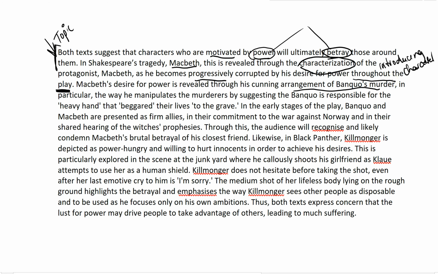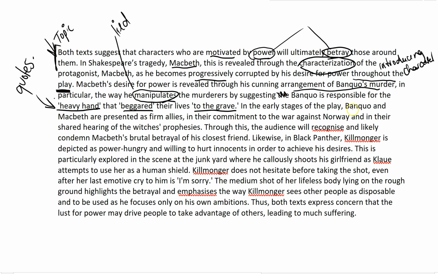In particular, the way he manipulates the murderers by suggesting that Banquo is responsible for the heavy hand that beggared their lives to the grave. So obviously, these are the quotes. And it's particularly referring to manipulate being the way that he lied, and he blamed Banquo for the difficulties that the Scottish people were in.